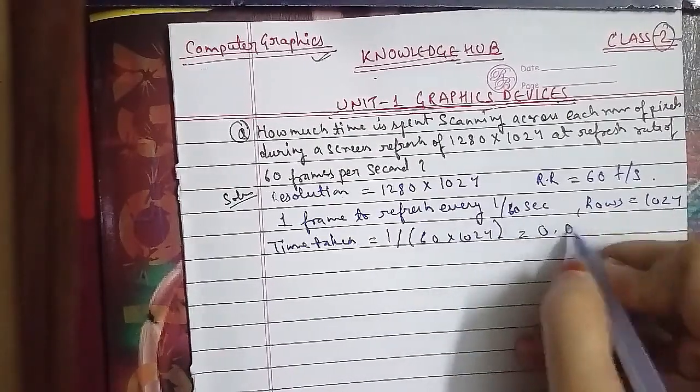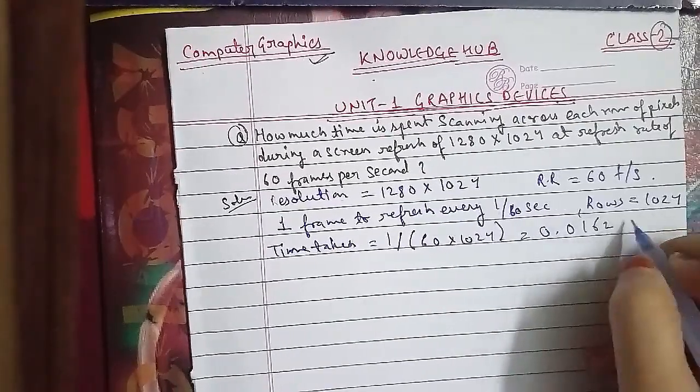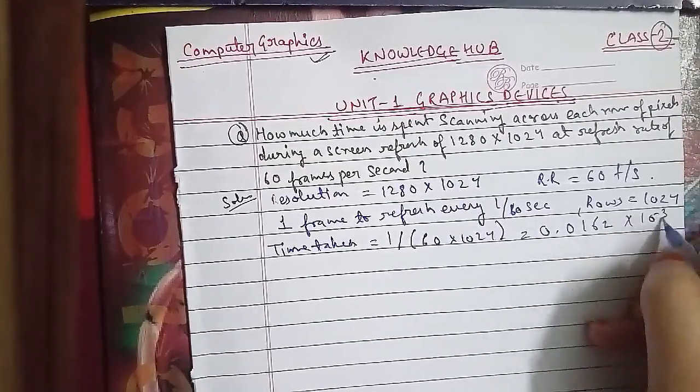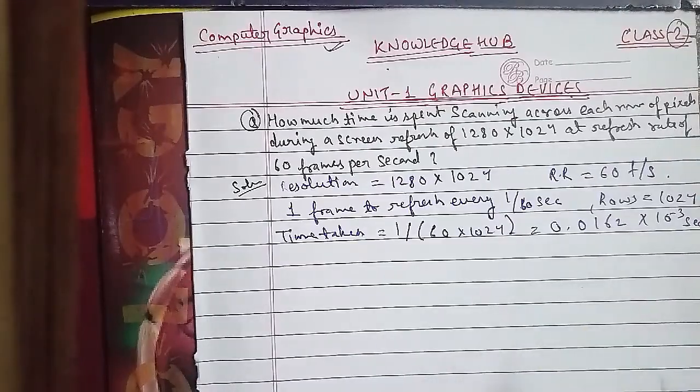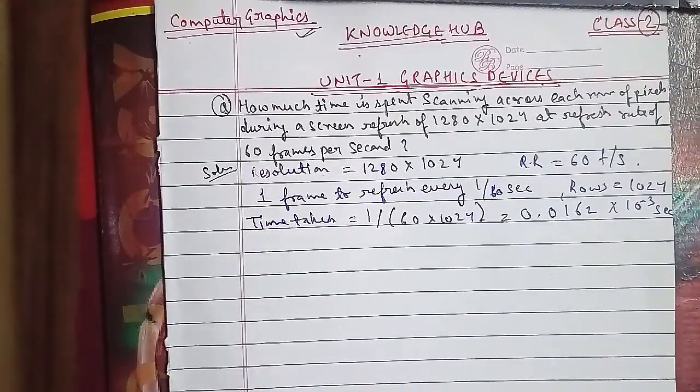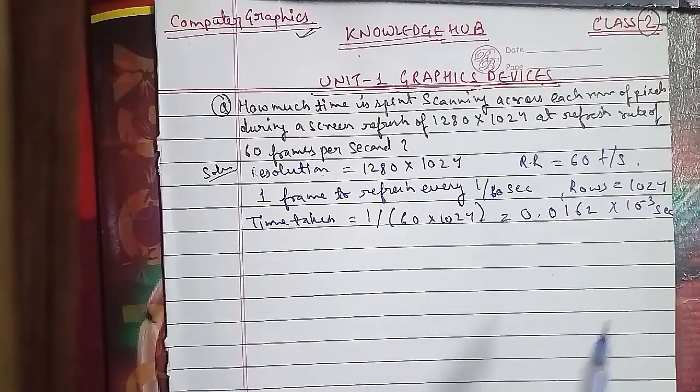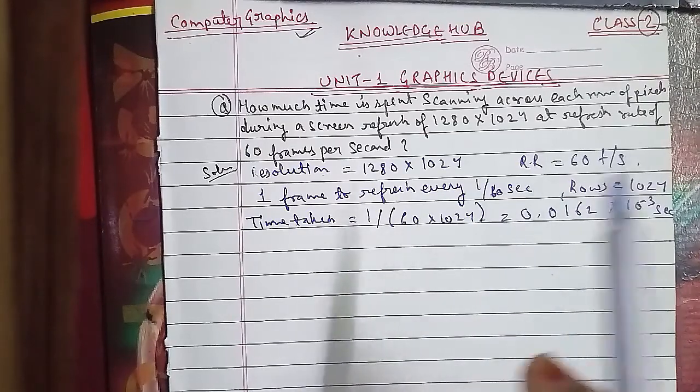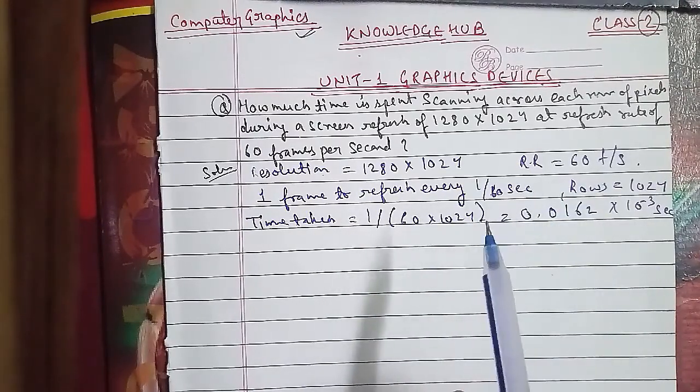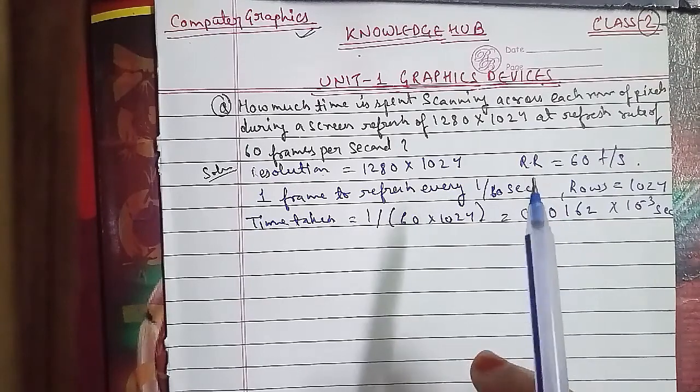Let's go ahead with another question, and that is also a different and important question. The question is: consider three different raster systems with resolutions of 640 multiply 480, 1024 multiply 1080, and 2560 multiply 2048.